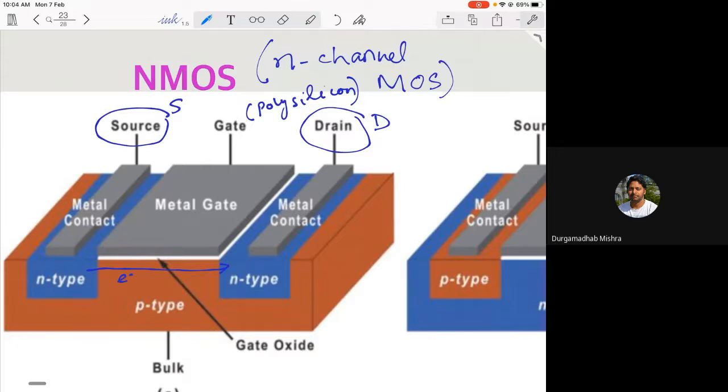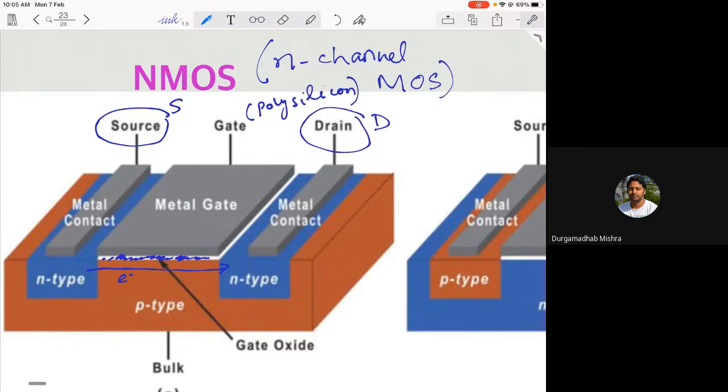Between the metal gate and the P-type semiconductor, this white region is the oxide layer, which is not conducting. It is an insulator.